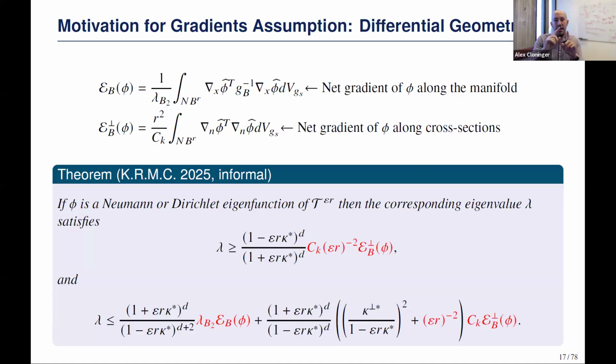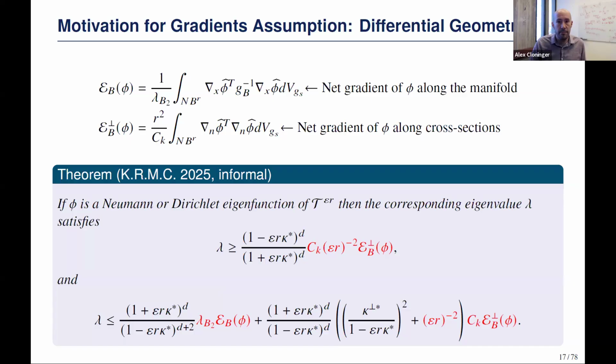That means if my eigenfunction really did vary in the normal direction, then by definition, the associated eigenvalue must have been large. And then similarly, we bound the opposite direction. You can upper bound the eigenvalue by similar constants times the variation in the manifold direction, plus something varying in the normal direction.